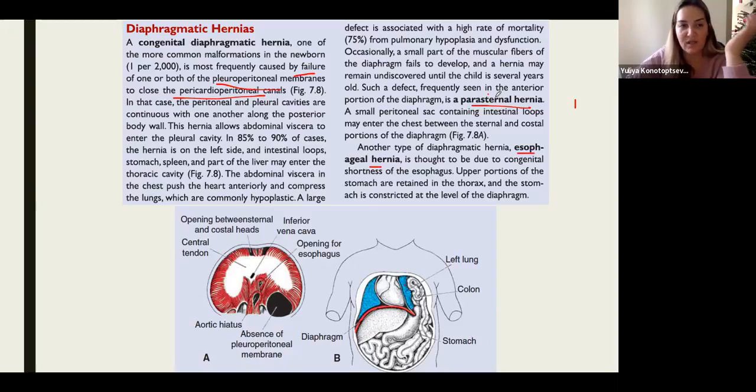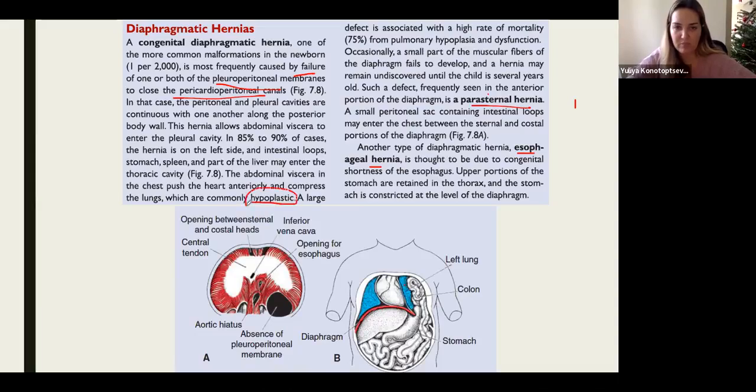Okay, so it does have a high mortality, not directly as an effect of the hernia, but rather as a side effect, because if these organs are present inside of the thoracic cavity, lungs have no way of growing properly. They become hypoplastic.